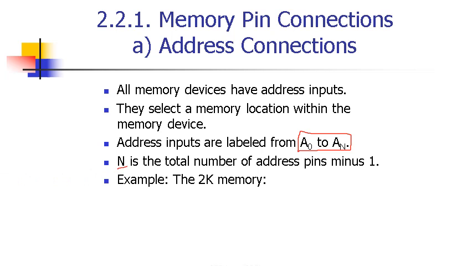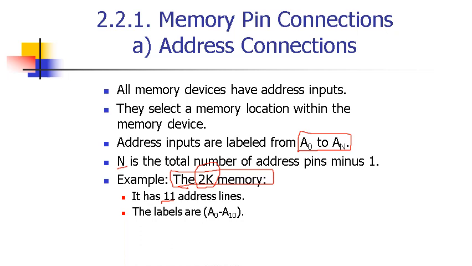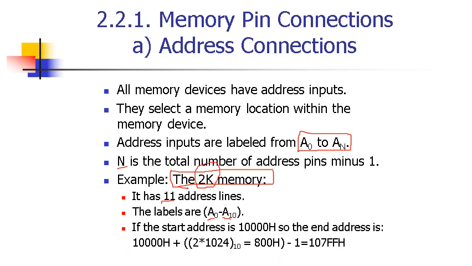For example, for a memory of 2K, meaning 2K bytes, this memory device has to have 11 address pins to cover all 2K memory locations, and they should be labeled A0 through A10.